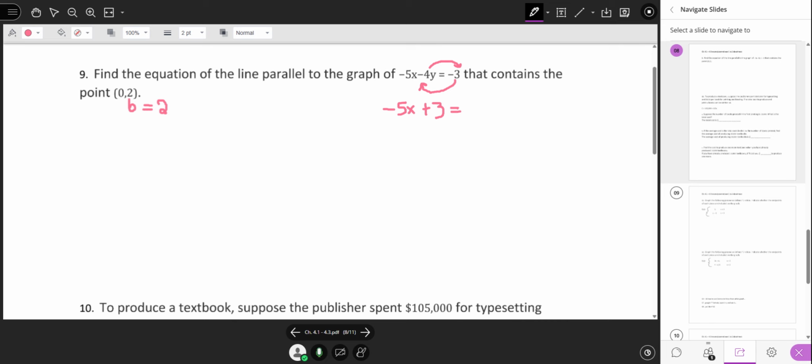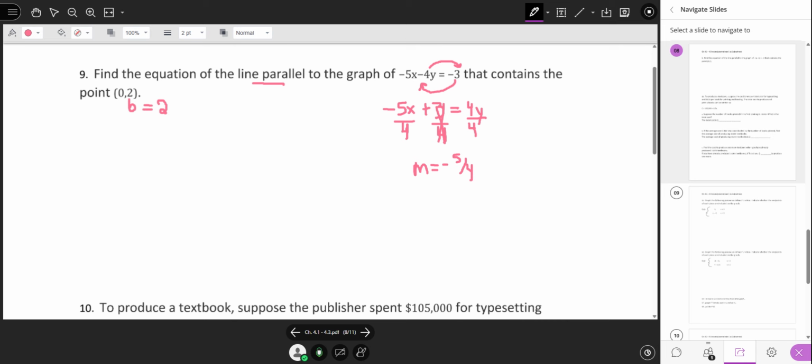The opposite of -4y is +4y. Now divide by 4. Truth is, I don't really need that. All I need is the slope. M is -5/4.